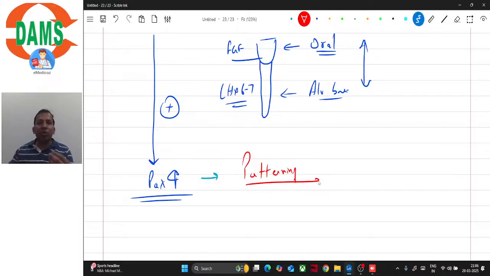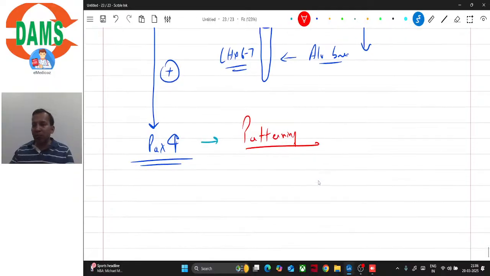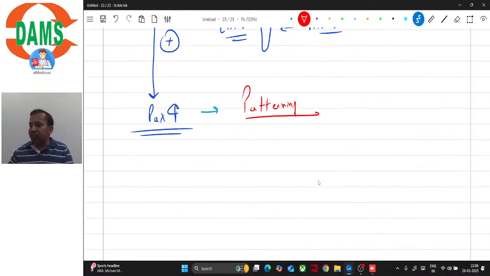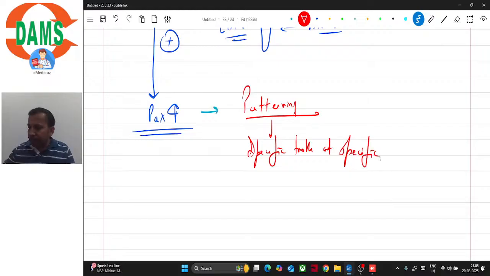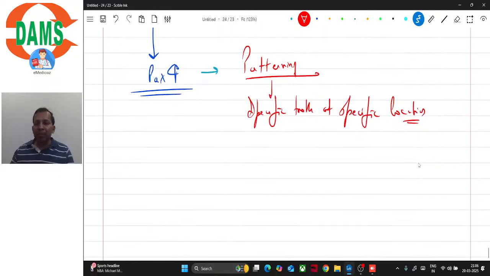Patterning is the formation of specific tooth at specific location. So incisors must form in the anterior region, molars must form in the posterior region. That is patterning, isn't it? Formation of specific tooth at specific location.